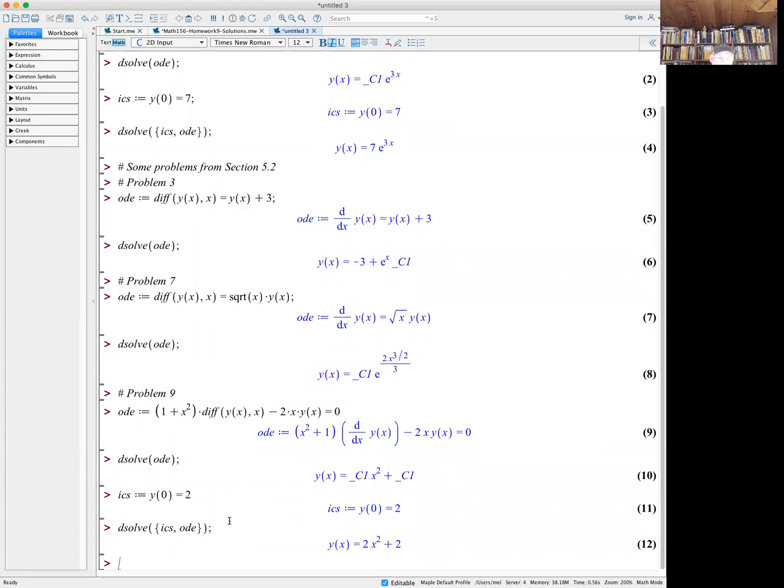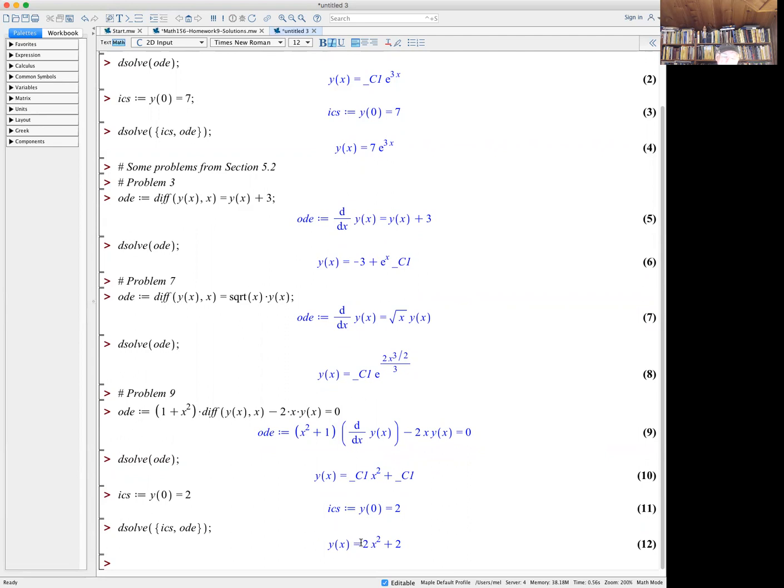2x squared plus 2. And you can check, if you differentiate this, you get 4x. So this says 1 plus x squared times 4x minus 2x times this.